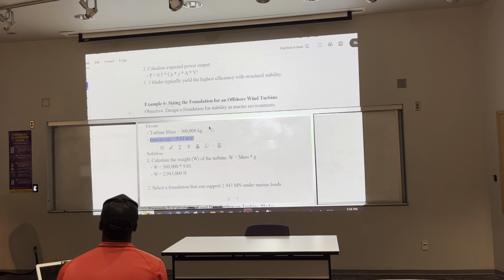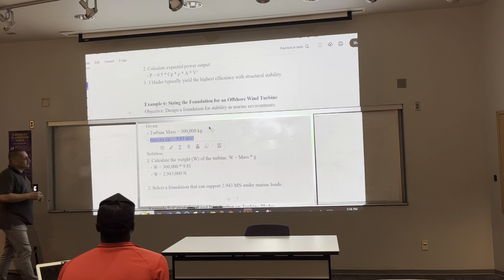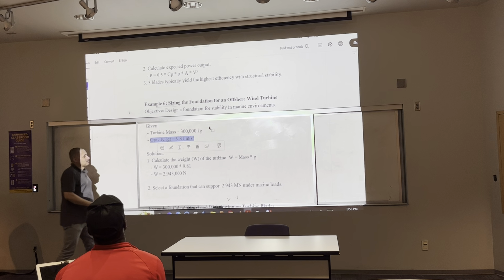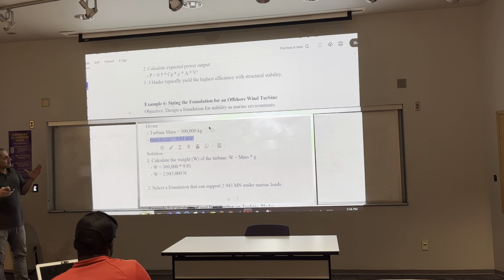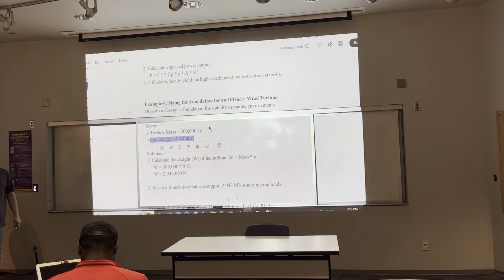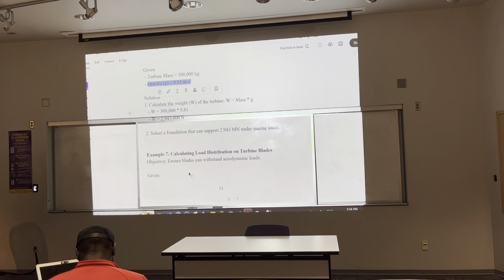The units are very important. Gravity is meter per second squared, and kilogram times meter per second squared is Newton. Any question?